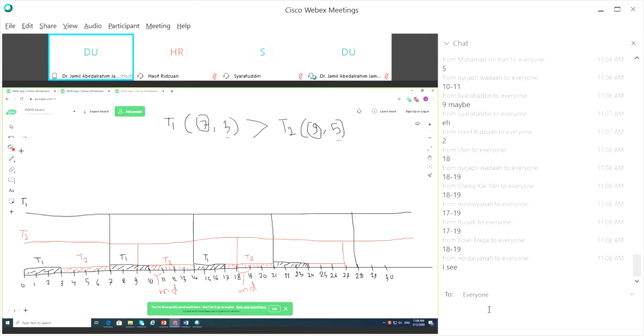Here we need to execute only 2 units. 1, 2, 3, 4, 5. Because the interval 18 to 27 needs 5 units. 18 to 19 is 1, 19 to 20 is 2, 20 to 21 is 3, then 24 to 25, 25 to 26 make the total.